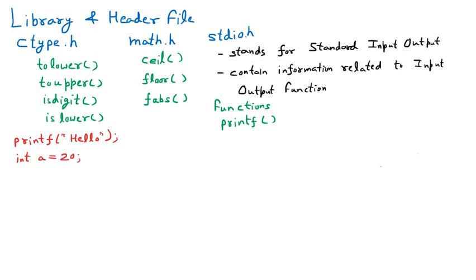If I have to print that, then we will say printf, double quotes %d, that is for the integer value, then comma, we are passing that variable a. So on the screen the output will be 20. So the answer of first one will be hello on the screen, and second one will be 20 on the screen. So this way the printf function is going to work.